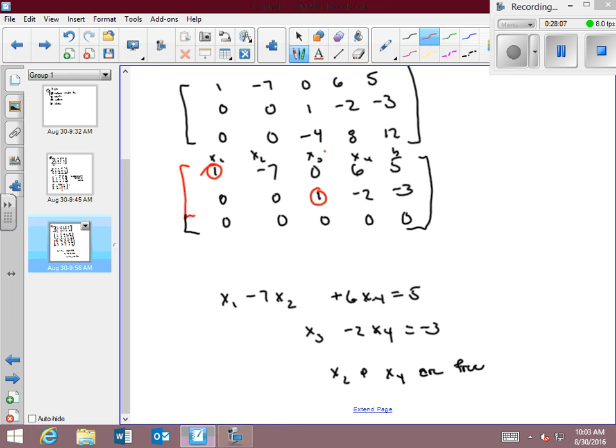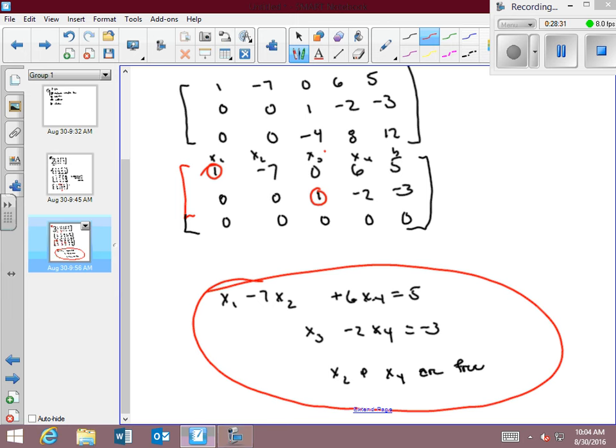But the x2 and x4 are free. It'll have a solution because that bottom row is saying 0 equals 0. And that's a true statement. It just says that there's multiple solutions. And the multiple solutions are going to be in that thing.